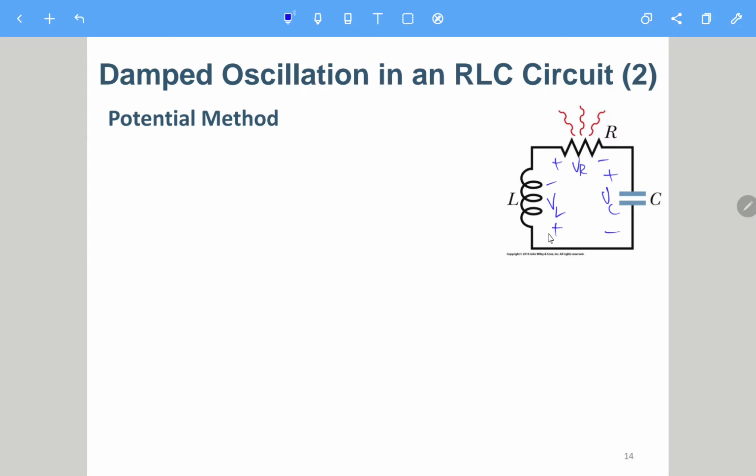I define VL positive, negative, positive, negative back to back, which means that using KVL we can quickly see that VL plus VR plus VC is 0.